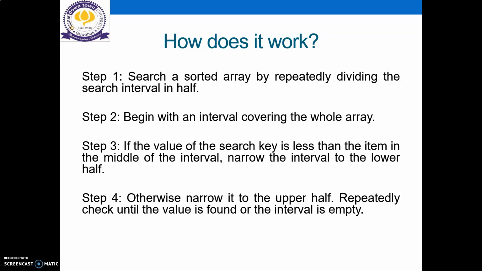If the item to be searched is greater than the middle element, then the values lower than the middle element, that part of the array, is discarded. Repeatedly it keeps checking until a value is found or the interval is completely empty.